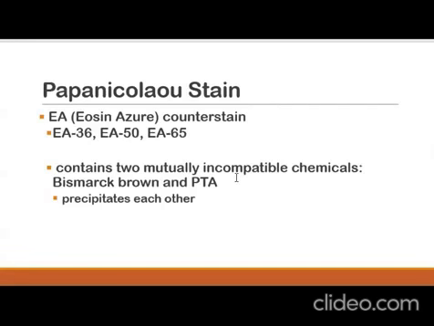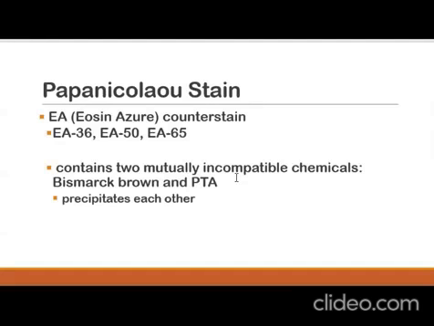So what are the dyes under eosin azure? There are three of them: your eosin Y, your light green SF, and your Bismarck brown Y. Okay? Also, under your eosin azure, aside from the dyes that I have mentioned, it also contains phosphotungstic acid.